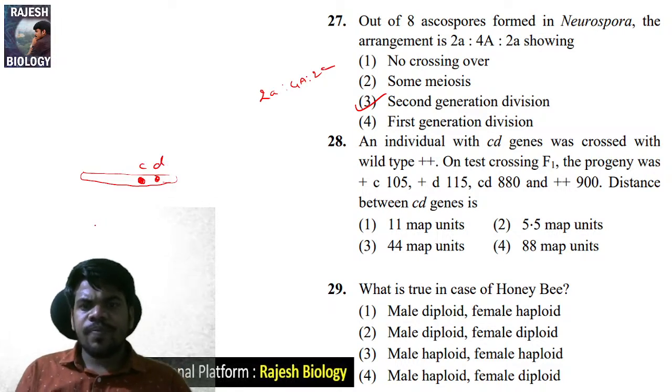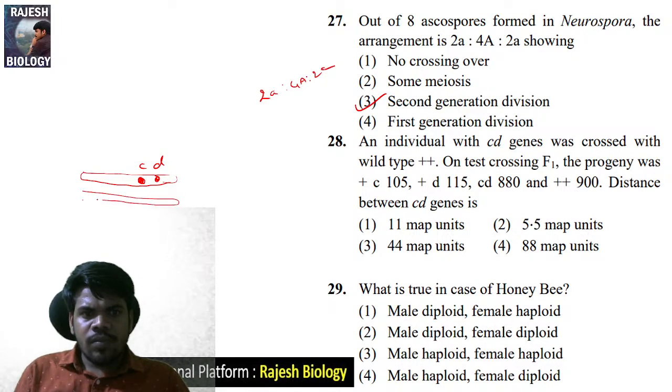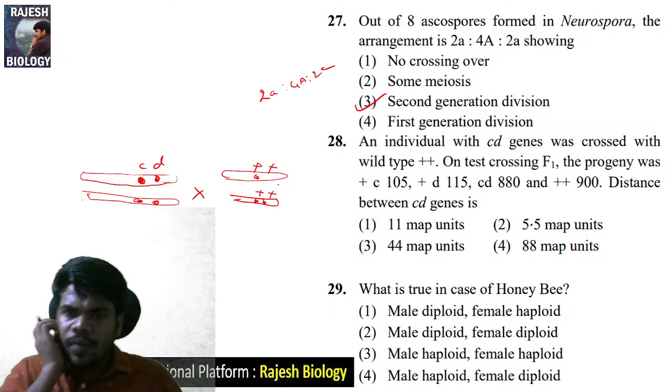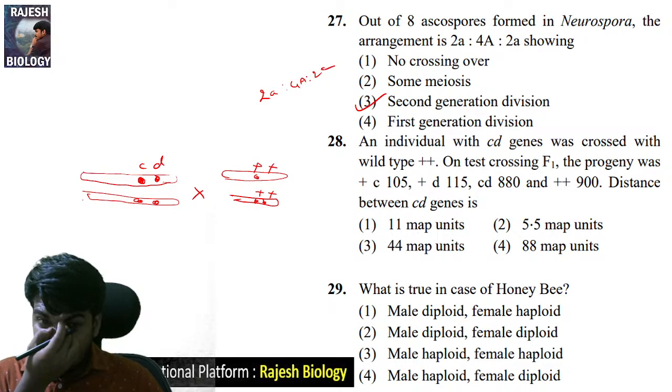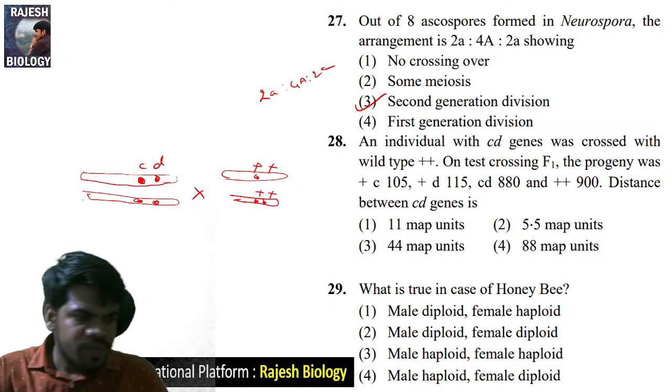CD is crossed with wild type plus plus, the F1.